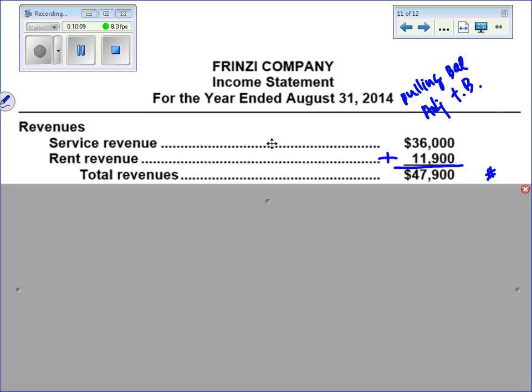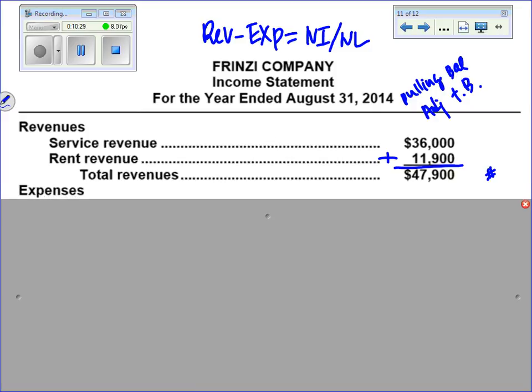Are we going to double rule after that total? Because is there more math to come? Remember, an income statement takes a look at revenue minus expenses for either a net income or a net loss. Does it skip a couple lines and go to expenses for you? Do you have the title expenses listed there?